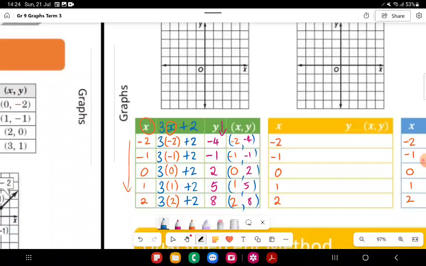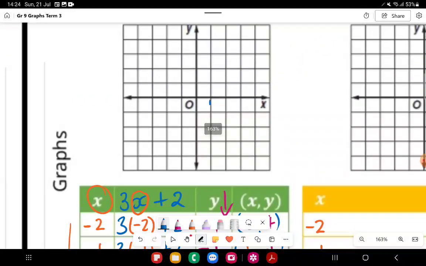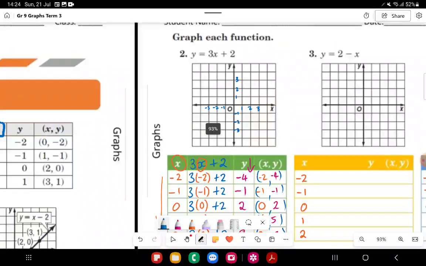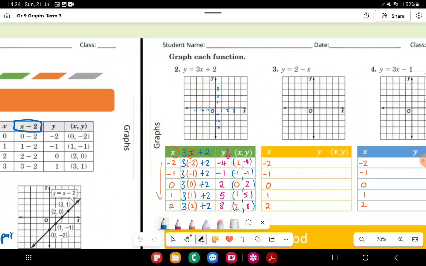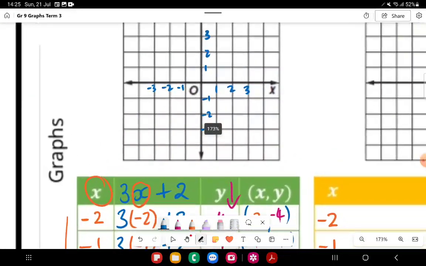Now I'm going to sketch. And on my Cartesian, I want to put 1, 2, 3, negative 1, negative 2, negative 3 on each axis. So what am I going to put down? My first point is going to be negative 2, negative 4. X is negative 2, y is negative 4.